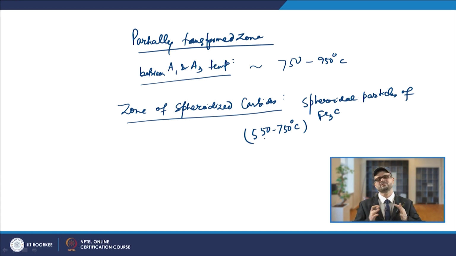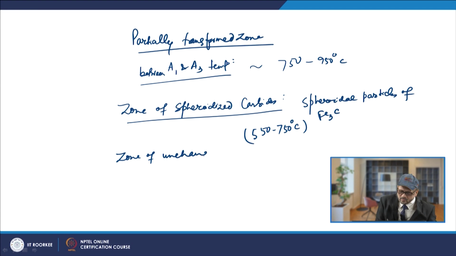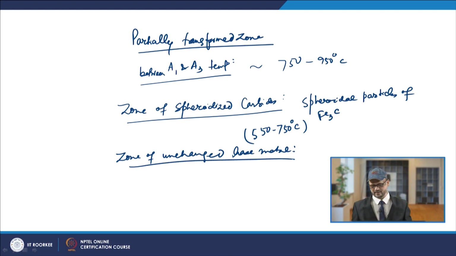Then, adjacent to this zone of spheroidized carbides, you have the zone of unchanged base metal. Here the highest temperature reached is even lower than 550.